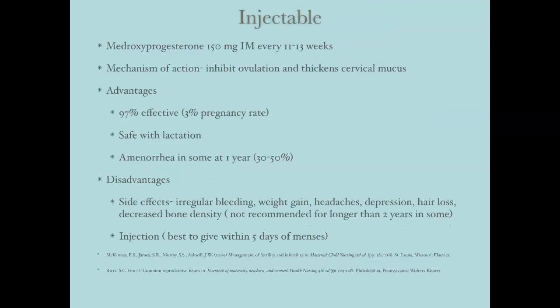Your injectable is a progestin-only hormonal contraception. The brand name is Depo-Provera, and the generic name is medroxyprogesterone, 150 milligrams IM every 11 to 13 weeks, and we're giving them a buffer there.